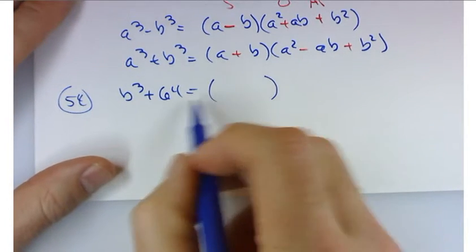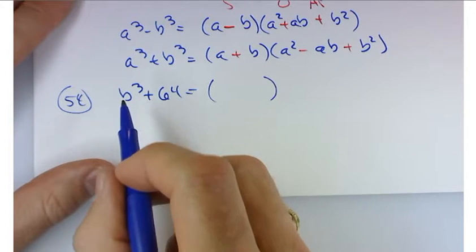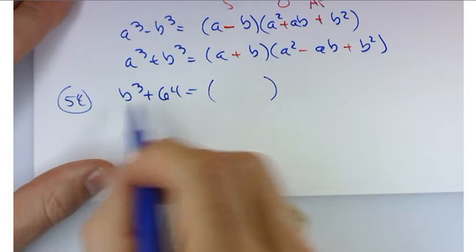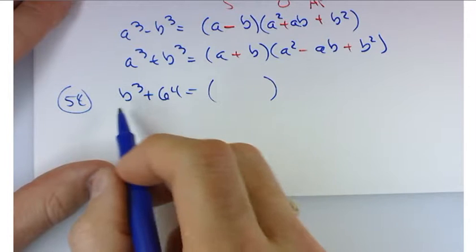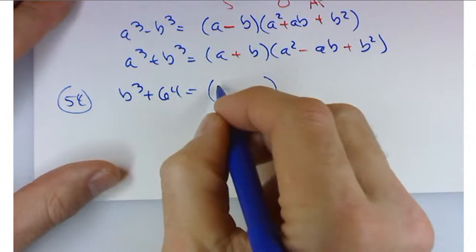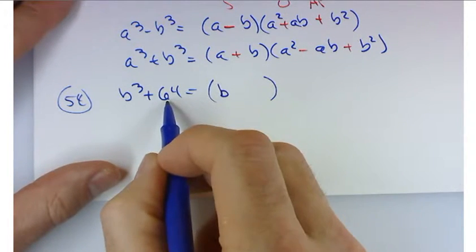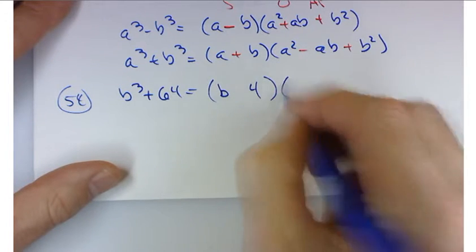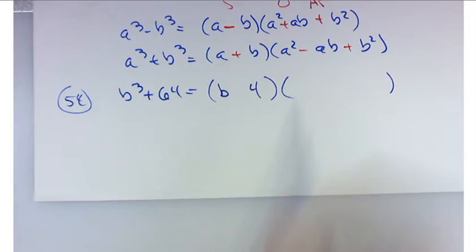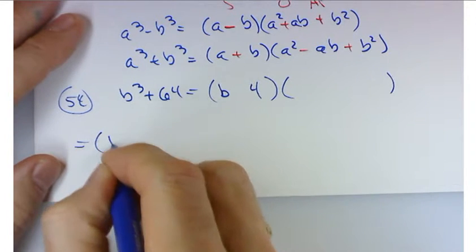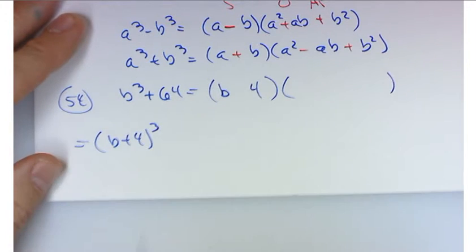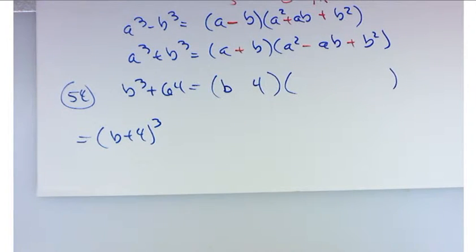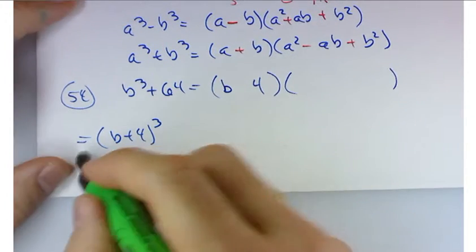So here's the trick. Let's figure out what I cube to get each of these two. What do I cube to get this? What do I cube to get this? 4. This is always going to be a binomial times a trinomial. Always. If you factor it as b plus 4 cubed, let me thank you in advance for making my grading job very easy.